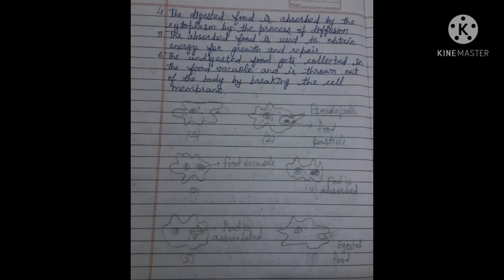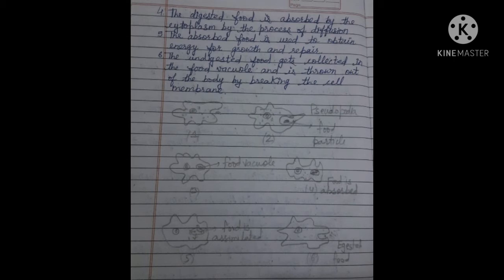Children, you are seeing the diagram. In this answer, you have to draw the diagram. The first diagram tells amoeba senses food. In the second diagram, it ingests food in the form of a food vacuole with the help of pseudopodia. In the third diagram, the digestion of food is taking place inside the food vacuole.